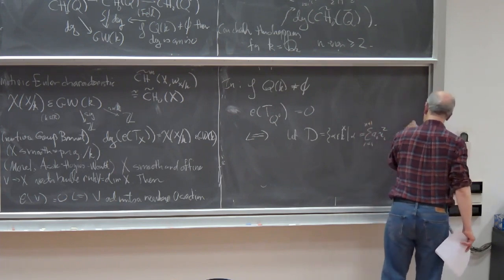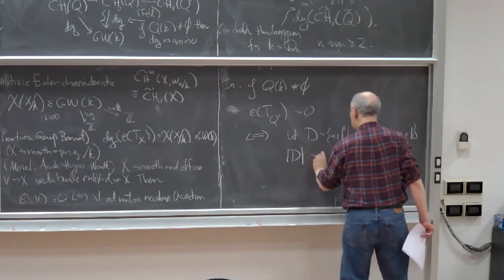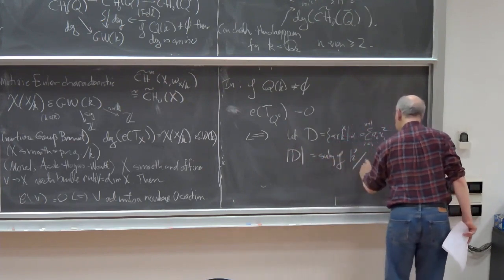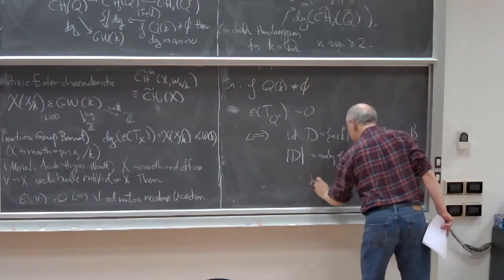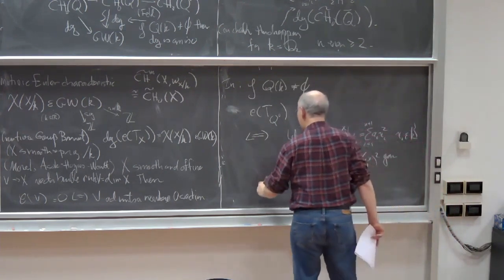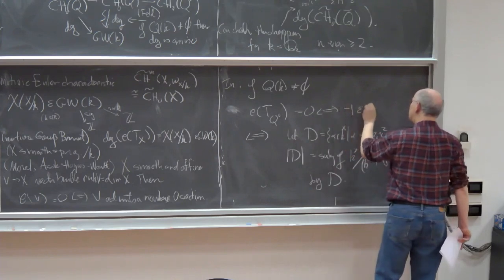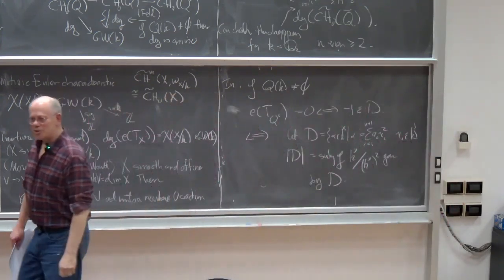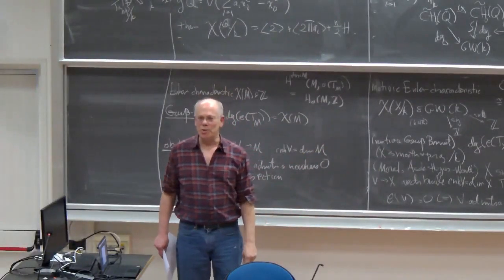And let's let this thing here equal the subgroup of k star modulo k star squared generated by the image of D. Okay, so then this thing is equal to 0 if and only if minus 1 is in D. So this is something you can really get your hands on. And it's easy to check for like Q2 that this is true.